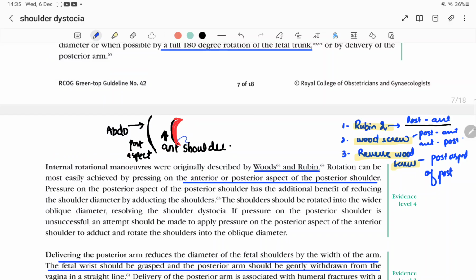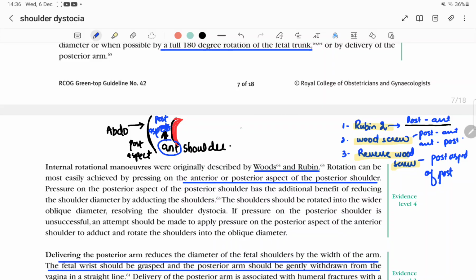You are applying pressure on the posterior aspect. This is Rubin 2. Here the shoulder is anterior, and the pressure you are applying is posterior.